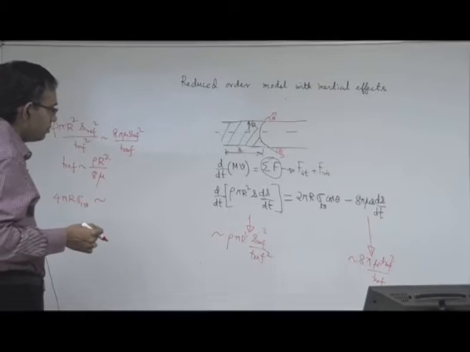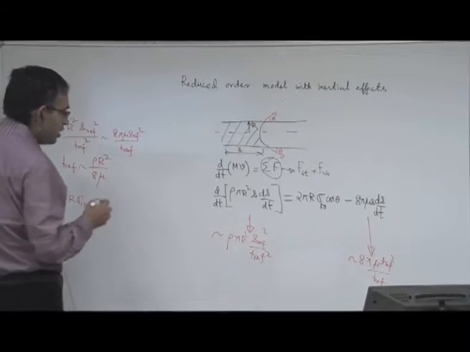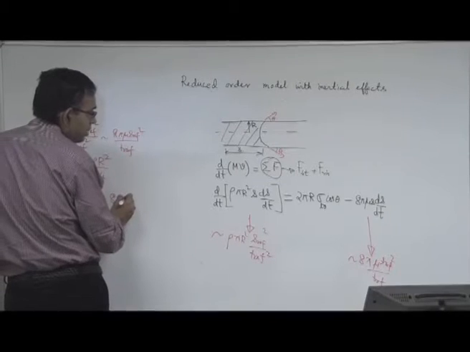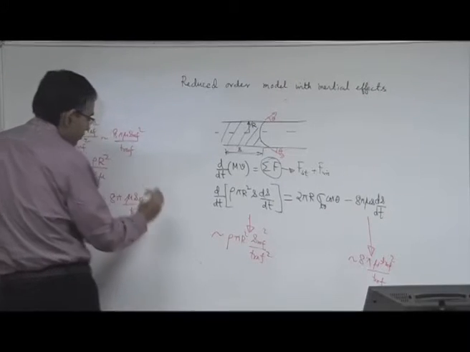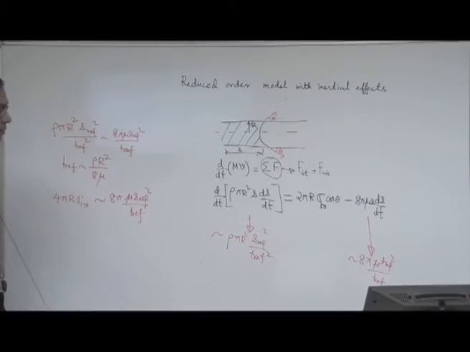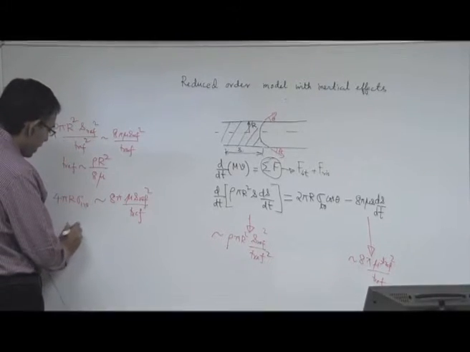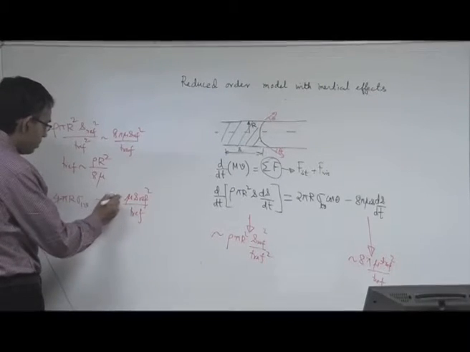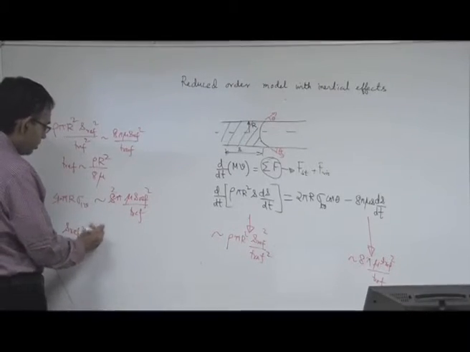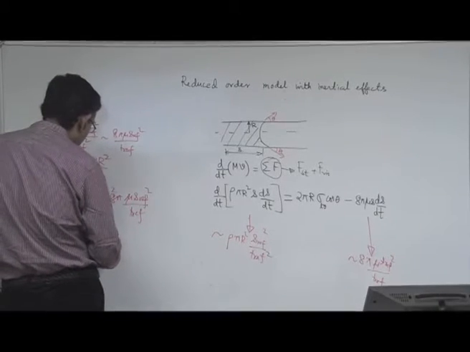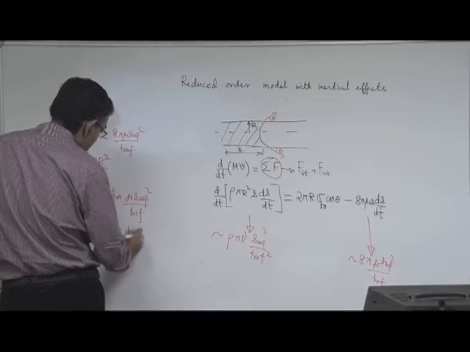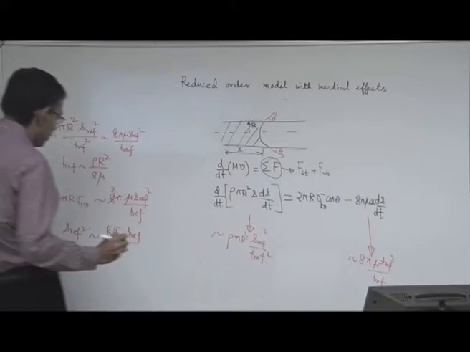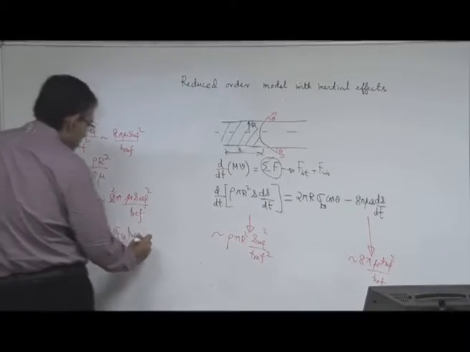So now this is of the order of 8 pi mu S ref squared by T ref. So S ref squared, this 4 pi, 8 pi will become 2, S ref squared will become R sigma LV T ref by 2 mu.